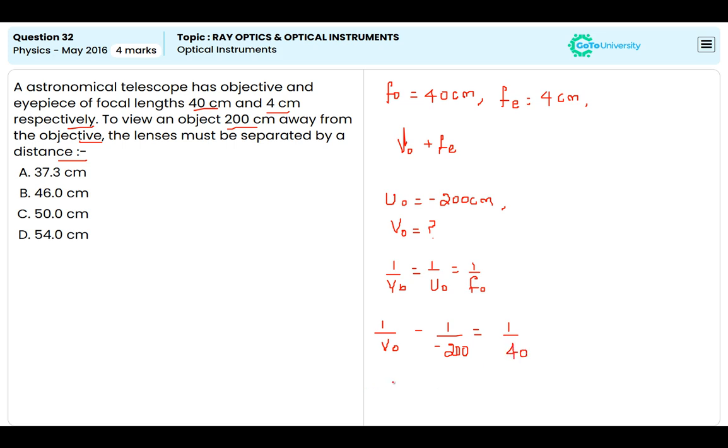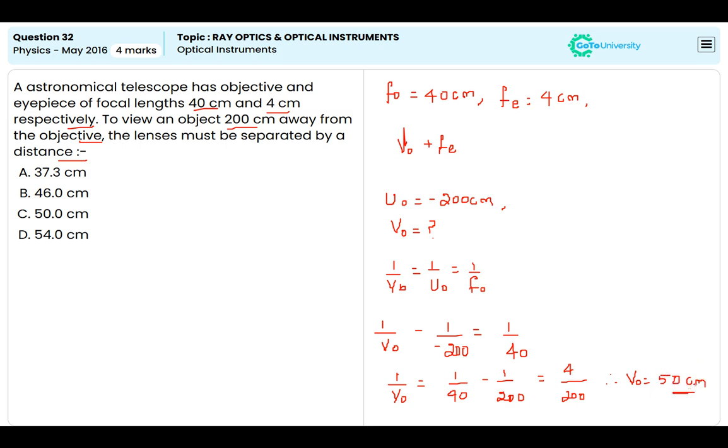Then we can write this as 1 by v naught is equal to 1 by 40 minus 1 by 200, which is equal to 4 by 200. Therefore v naught is equal to 50 centimeter.